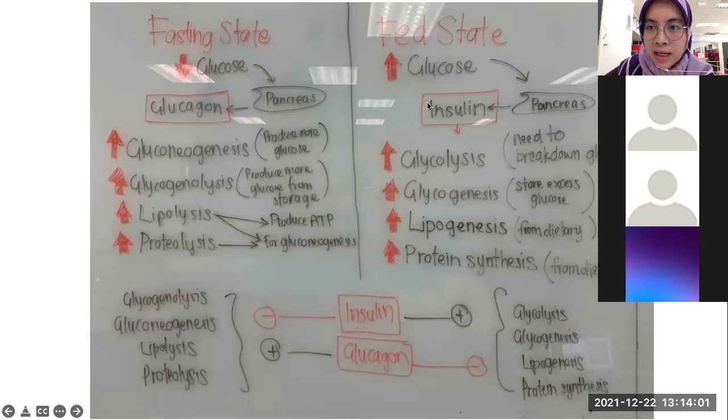Now we have high glucose concentration. So what our body will do upon receiving the signal from insulin is kickstart glycolysis, glycogenesis, lipogenesis, and protein synthesis, to manage the high glucose concentration and also to manage whatever we have eaten based on fats and also protein, to utilize them for energy, for example.